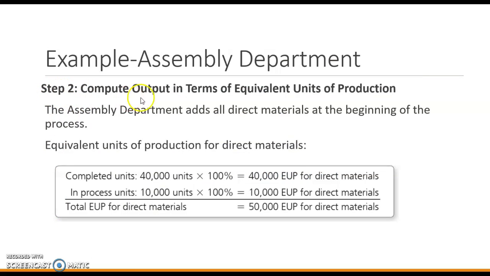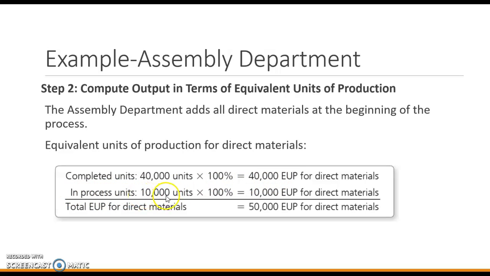Step two is to compute the output in terms of equivalent units of production. Remember that all direct materials are added at the beginning of the process. So for the equivalent unit production for direct materials, we had our completed units, 40,000 times 100% complete for direct materials is 40,000.